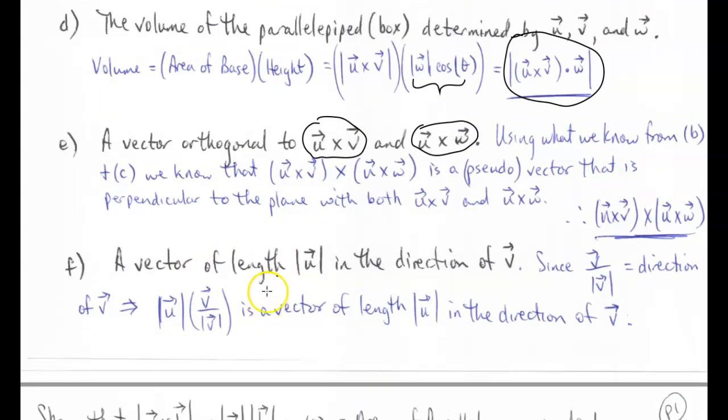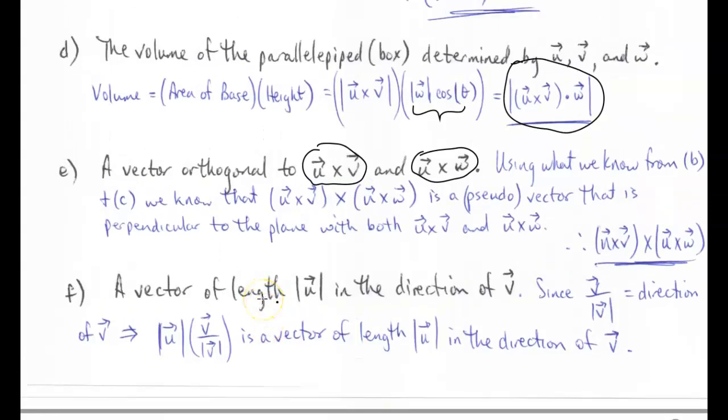And then lastly here, we want a vector of length, which is basically magnitude of vector u in the direction of v. And essentially, we know that since the direction of v just means a unit vector of v, which is the vector v over its magnitude, then the vector that we want here has got to have this magnitude and got to have that direction.